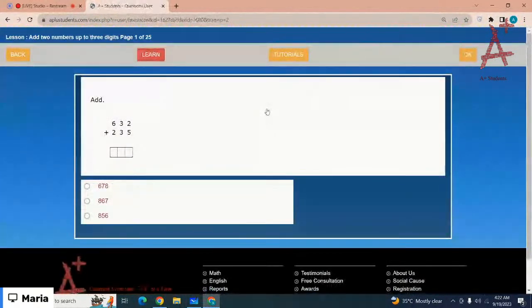So how do you add 632 and 235? Which is the correct option? 632 plus 235 equals?